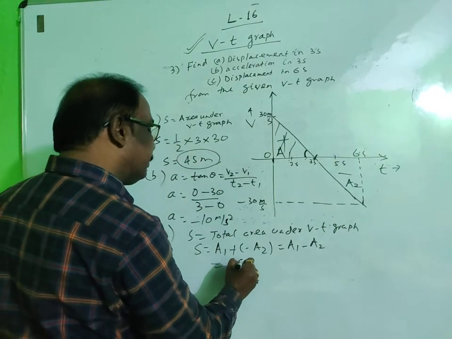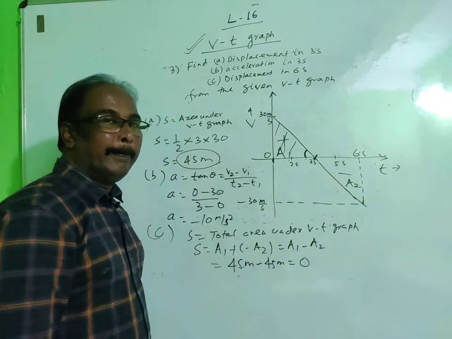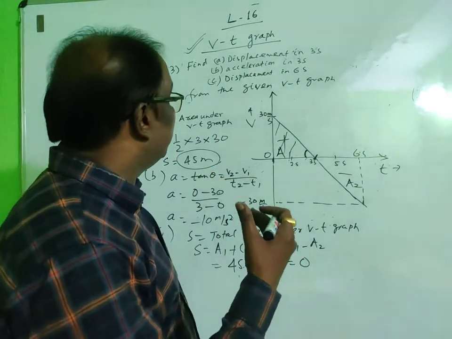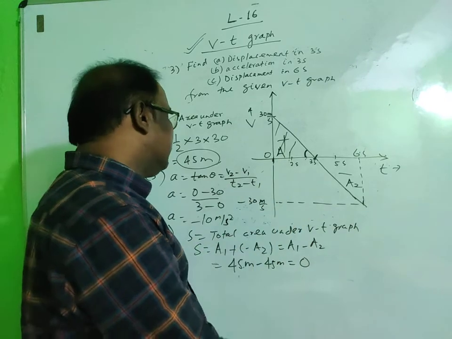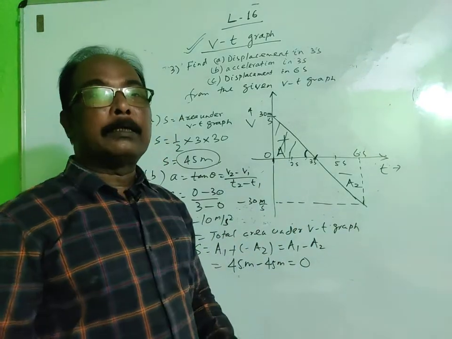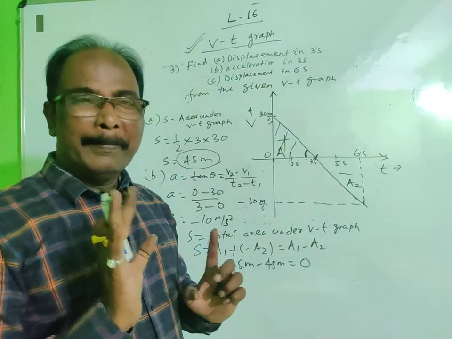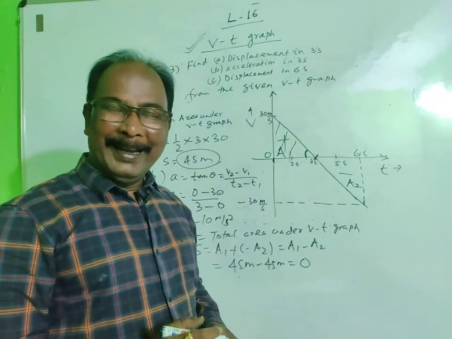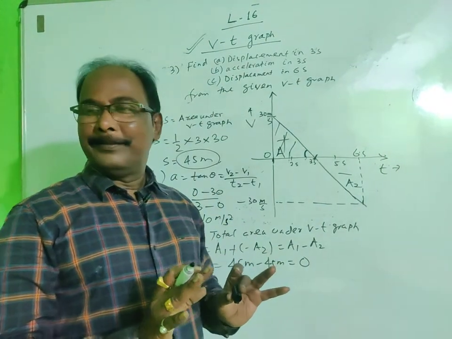This is 45 meter minus 45 meter is equal to 0. But if it is asked to calculate what is total distance in 6 seconds, then total distance is 45 meter plus 45 meter is equal to 90 meter. Okay, is it correct? Okay.